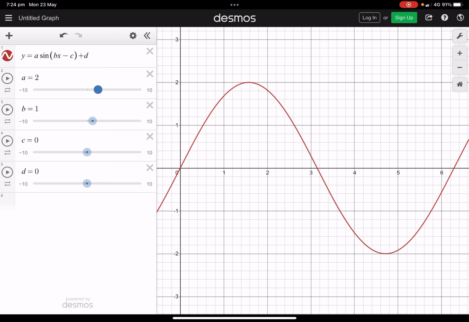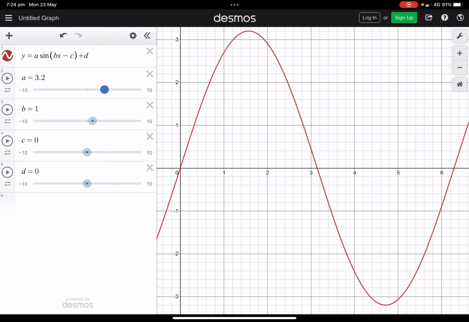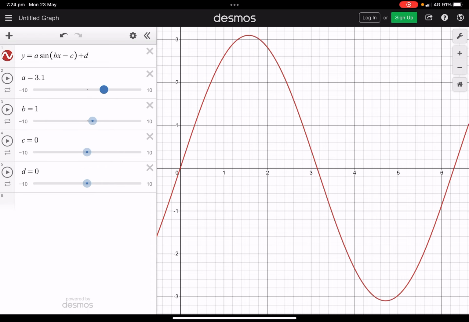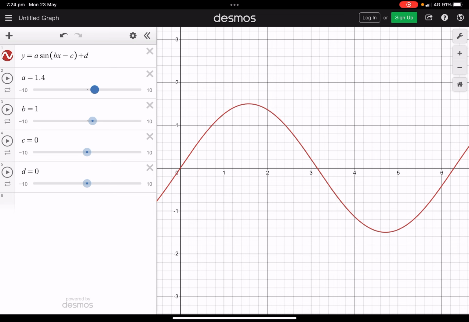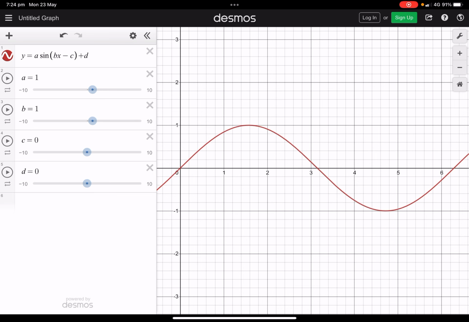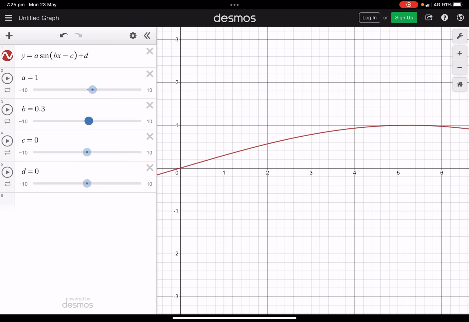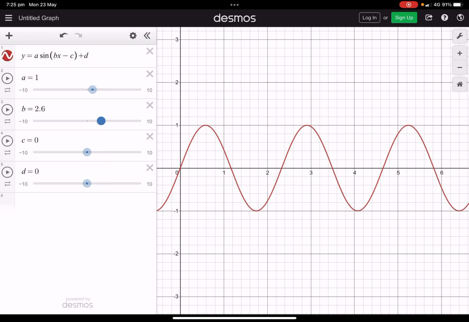So a changes how tall our function goes. So a is changing the amplitude. Now b is changing the period. We're dilating our function.